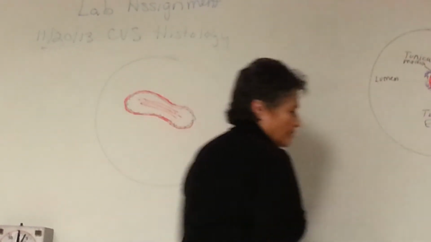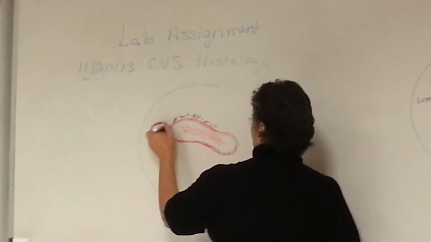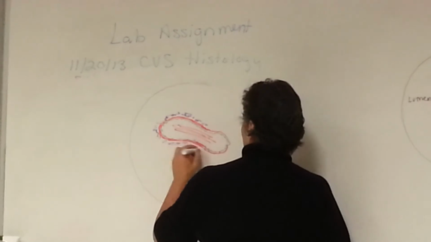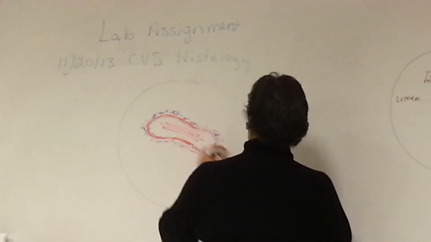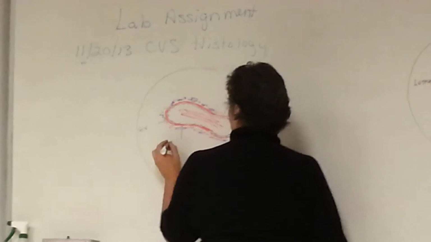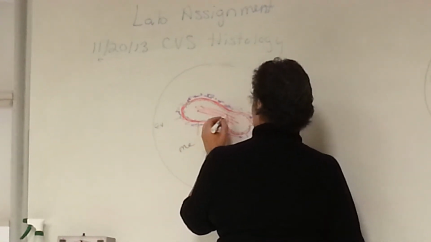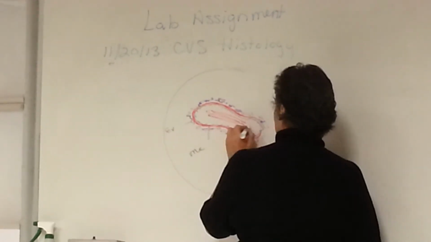A lot of times it kind of looks like just broken up tissue, but it's larger. And so you would label all the same tunics. Externa, media, you can finish the rest. And interna or intima, and of course that's the lumen.